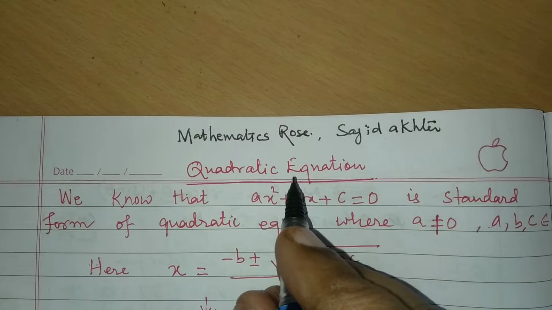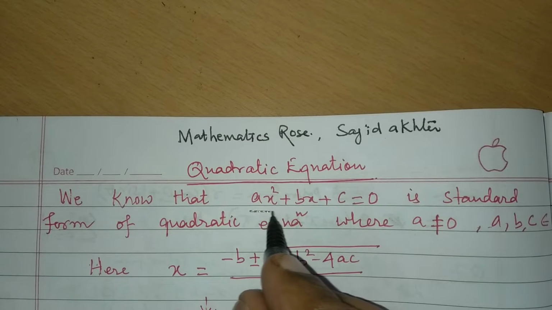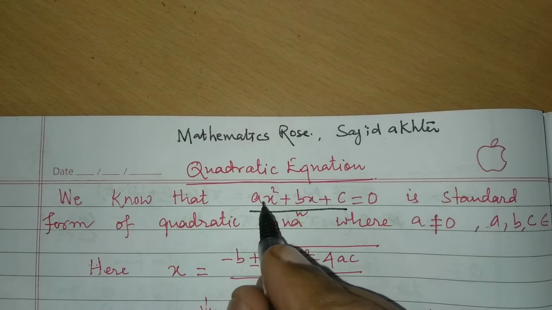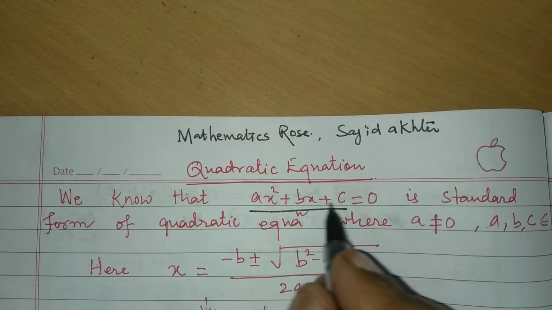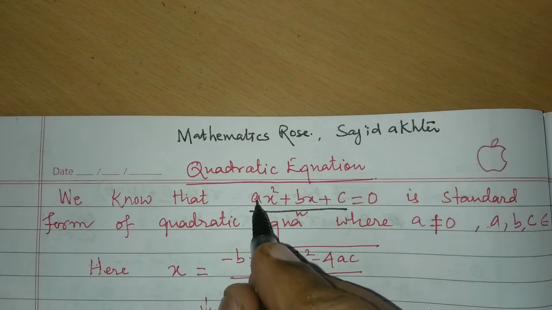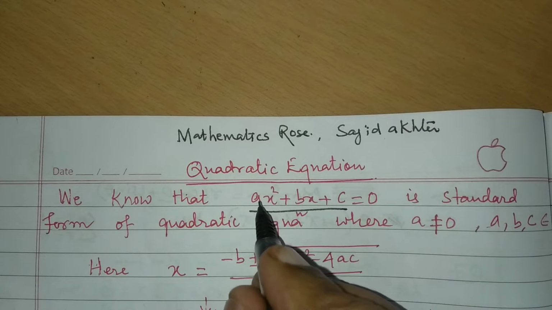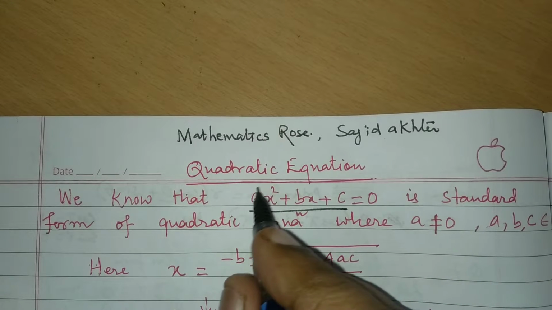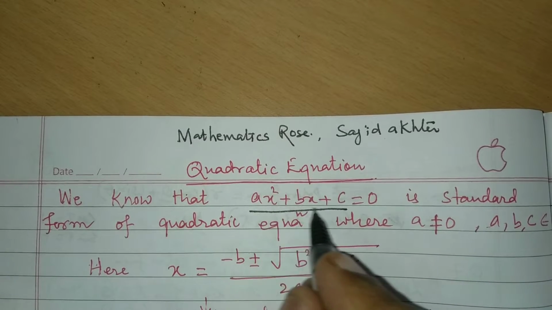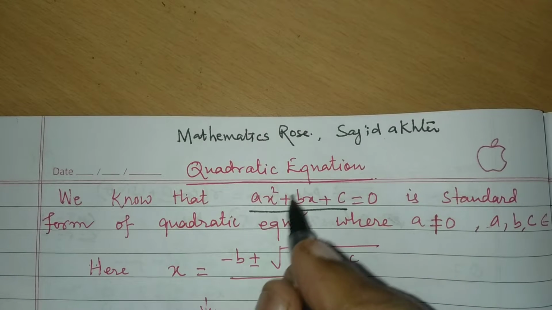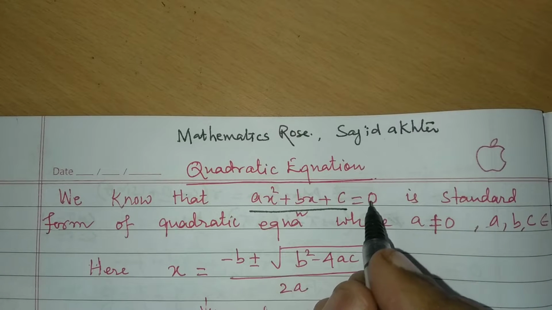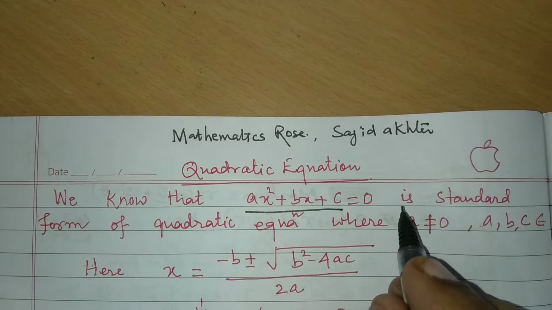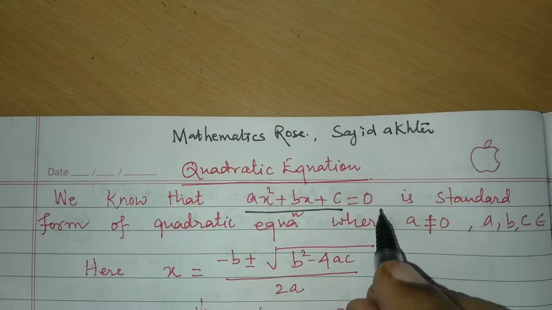The general form of the quadratic polynomial is ax square plus bx plus c, and here a, b and c are real numbers, and a is not equal to 0, because if a is equal to 0, the first term will vanish. So this is the general form of the quadratic polynomial, and if it is equal to 0, then it is the standard form of the quadratic equation.